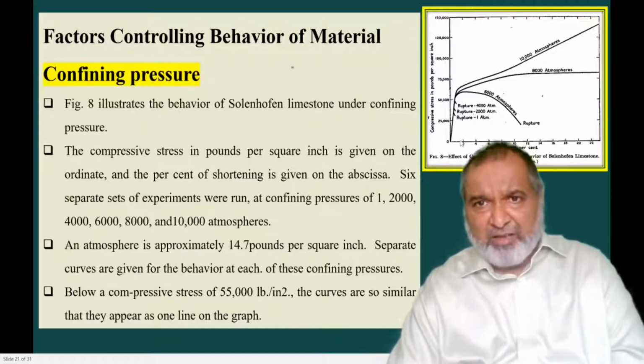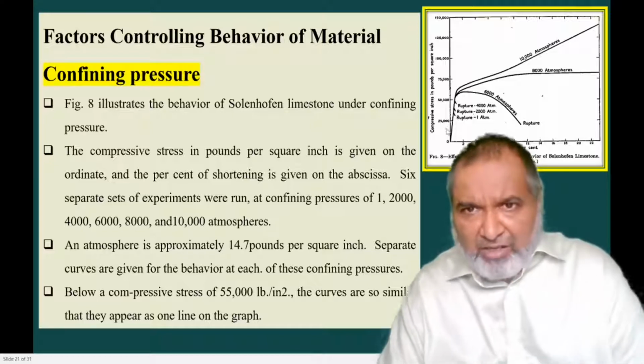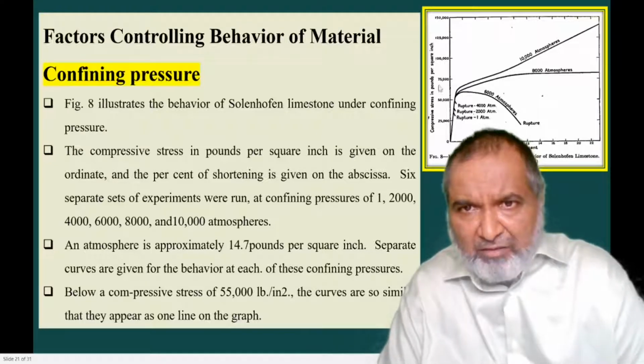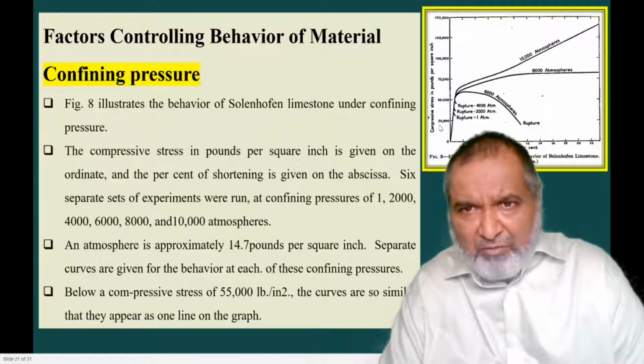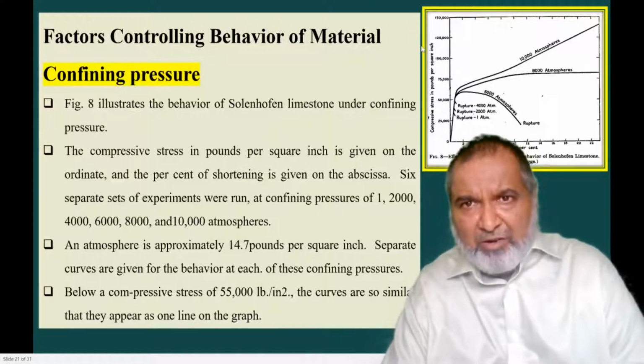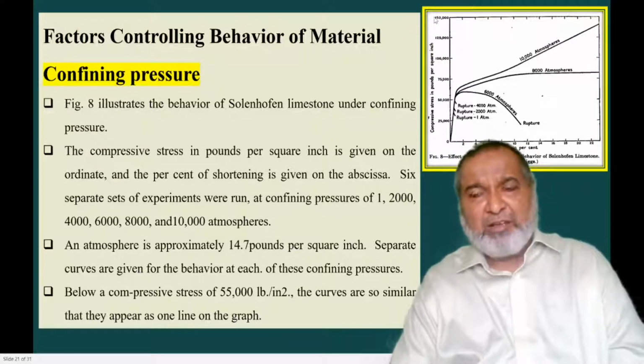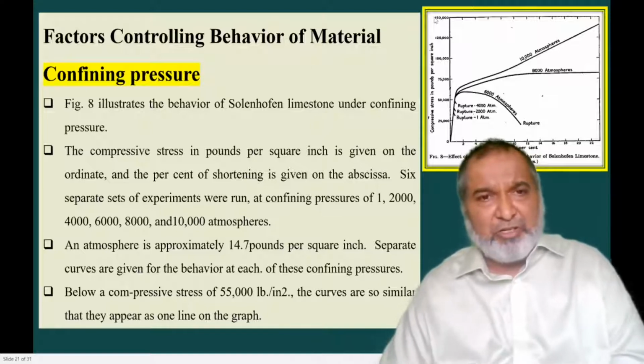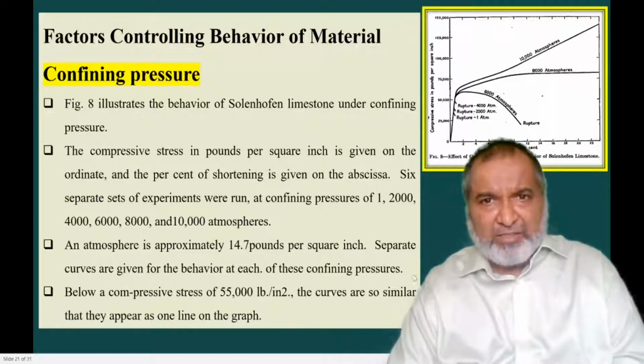On this side it is given as 25, 50, 75, 1 lakh, 1 lakh 25, 1 lakh 50,000. This is the way the pressure has been given on the vertical axis.